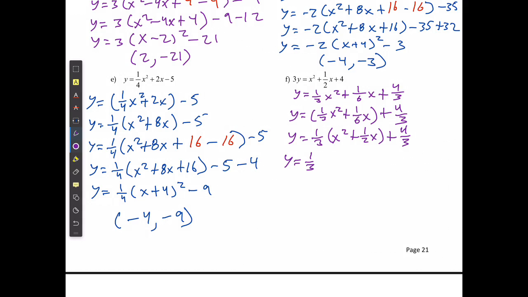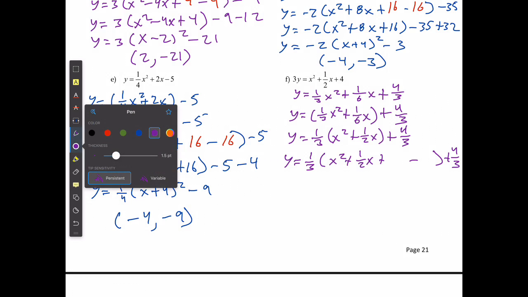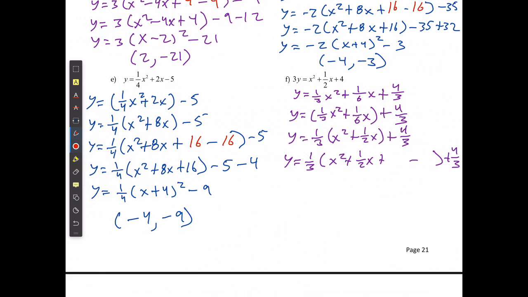Y is equal to 1 over 3 bracket x squared plus 1 over 2x plus and minus, and then plus 4 over 3. And I have to be careful when I do this one. If I take 1 over 2 and I divide it by 2, it's actually going to become 1 over 4. 1 over 4 squared is 1 over 16. So I would need to square the numerator and square the denominator.